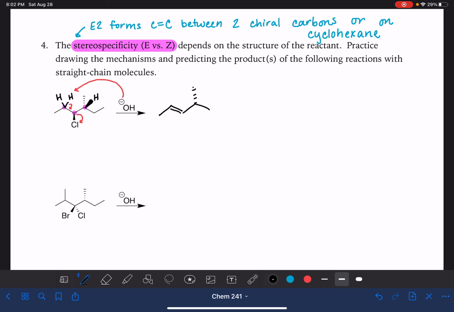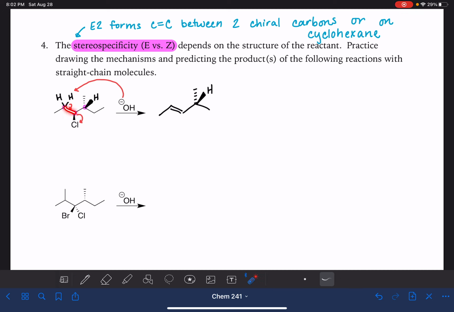We do want to make sure, first of all, that we are not making any changes to this portion of the molecule. That means we're not doing anything to the stereochemistry right here because we haven't done any chemistry to that carbon. Nothing about that carbon is going to change.